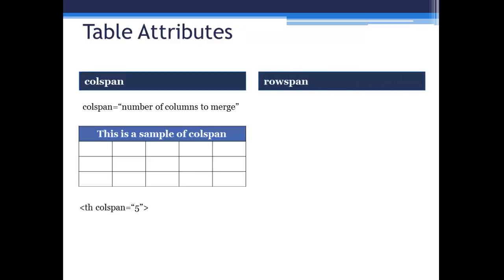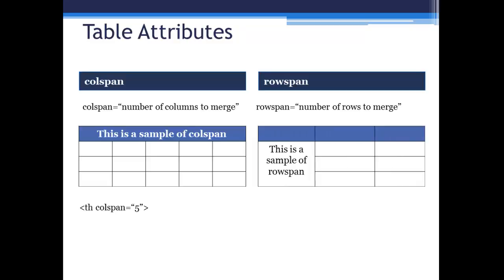The next one is rowspan. Rowspan uses the attribute rowspan equals the number of rows to be merged. As you can see here, the second row merges 3 rows together to create the large box on the left. The code that would be used is TD rowspan equals 3, indicating that it's to go 3 down.